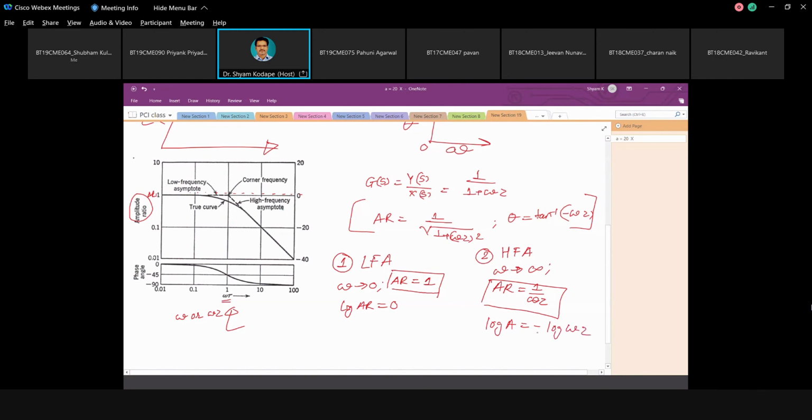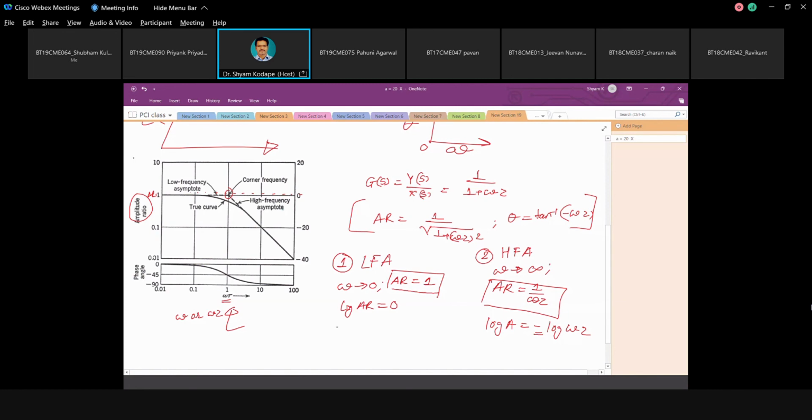It represents that its slope is negative, so it will move diagonally downward. This will be the possible asymptote, but at what point will they intersect? Two asymptotes I have known: AR is equal to 1 and AR is equal to 1 upon omega tau.